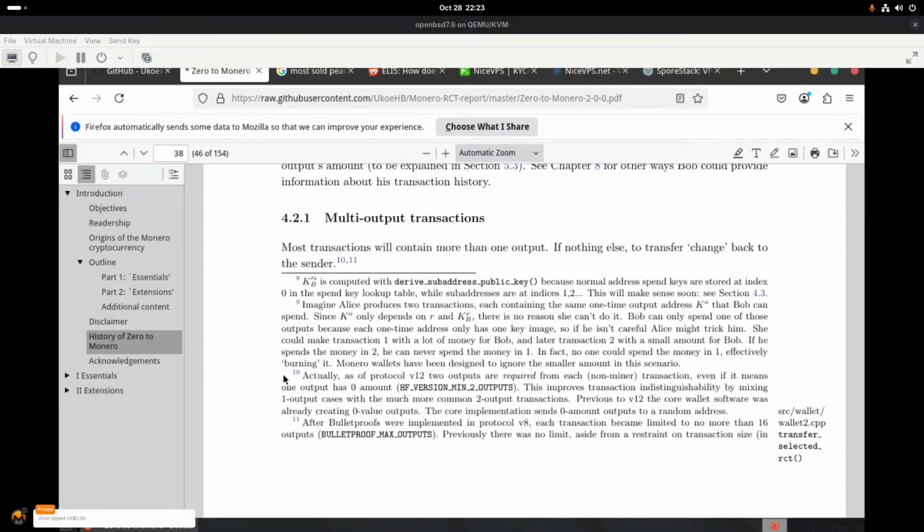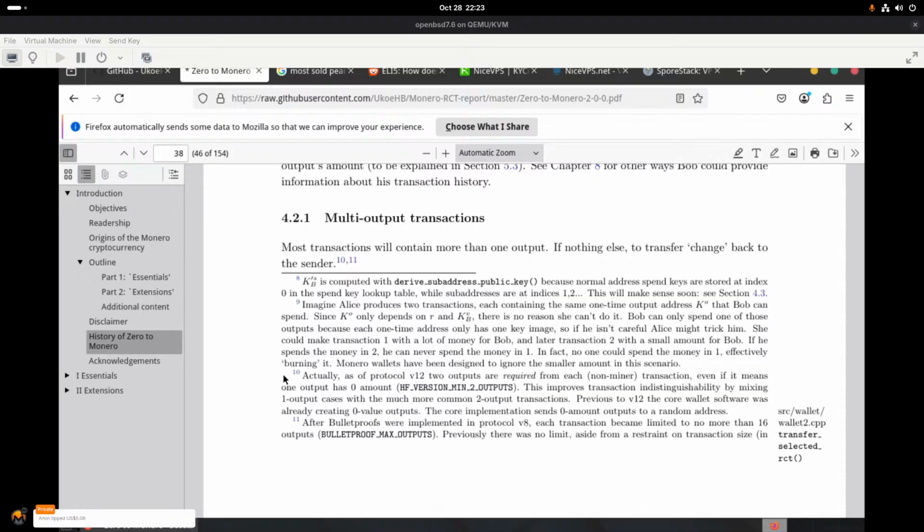See Section 4.3. Imagine Alice produces two transactions, each containing the same one-time output address K that Bob can spend. Since K only depends on R and KVB, there is no reason she can't do it. Bob can only spend one of those outputs because each one-time address only has one key image.